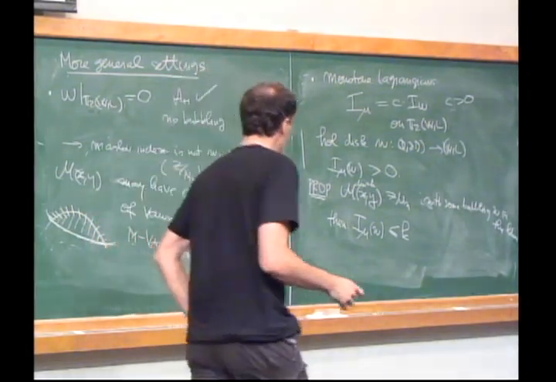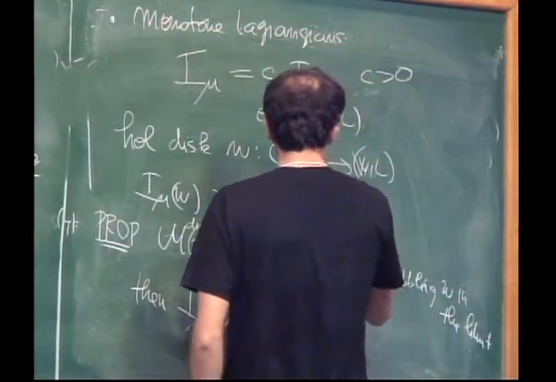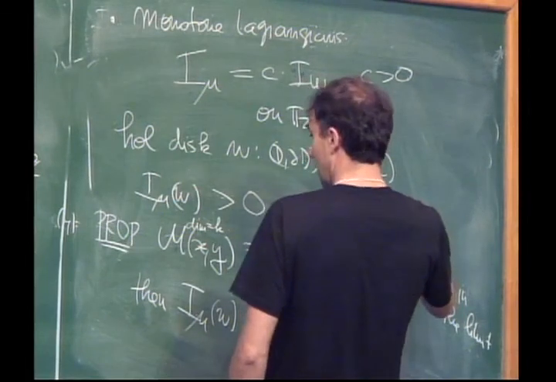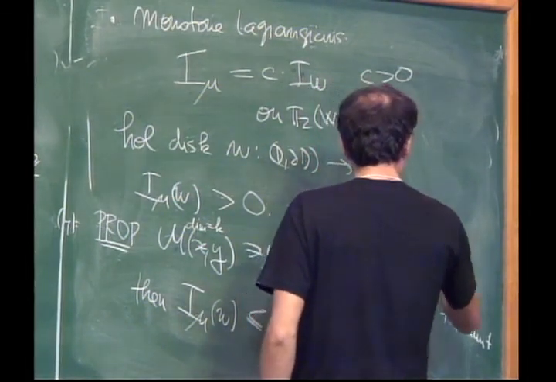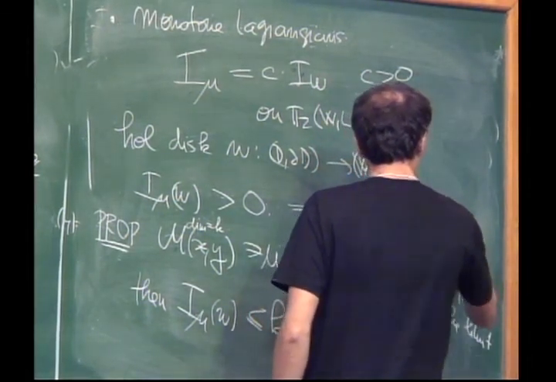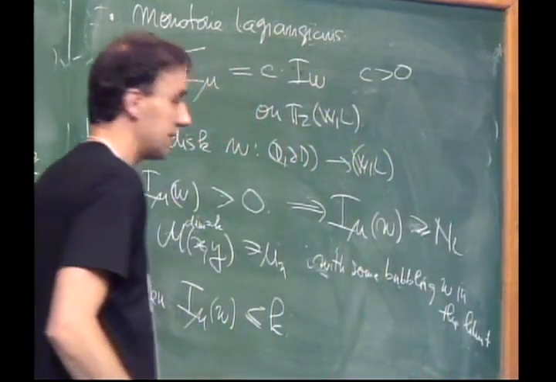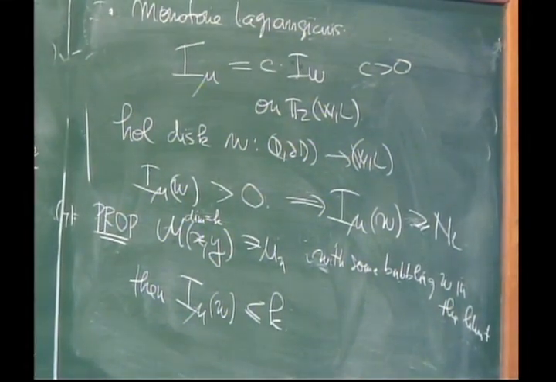On the other hand, this means that if it's greater than 0, then it is greater than the Maslov number of the Lagrangian manifold.